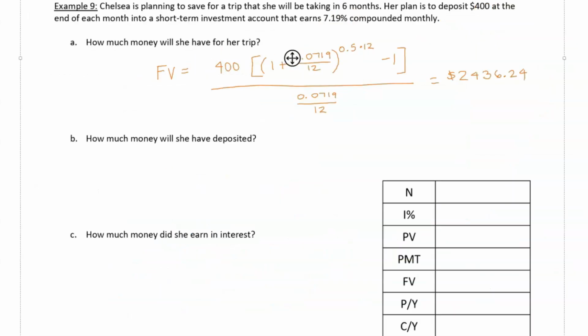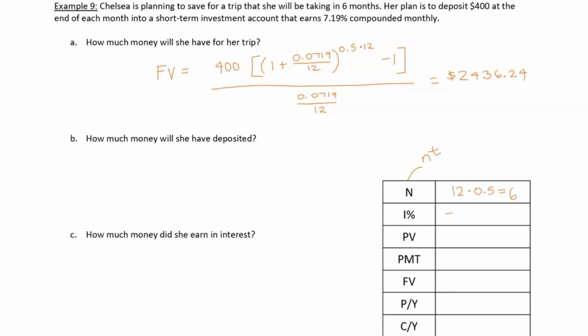Now I will show you how to do this same calculation from part A using the app on your graphing calculator. Capital N, remember, is little n, number of compoundings, times the time. Well, the number of compoundings is 12, and then we're going to do it for half of a year, so this will be 6.